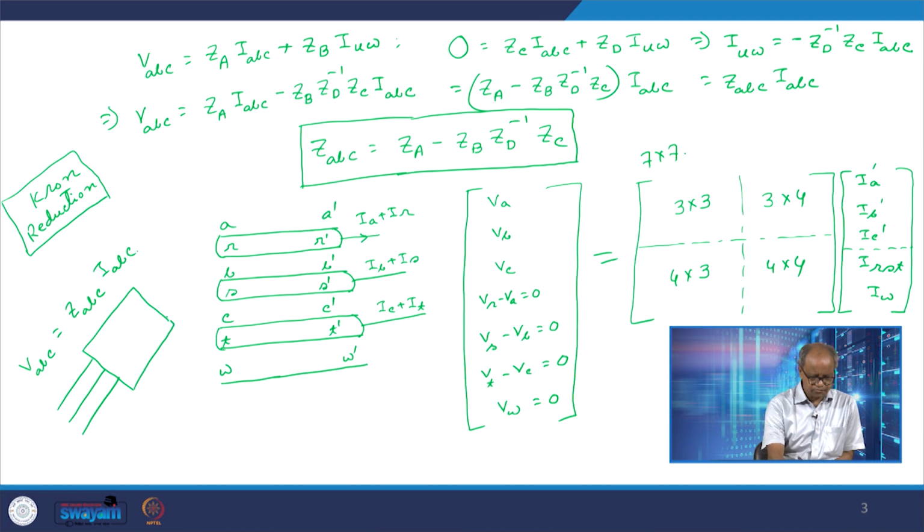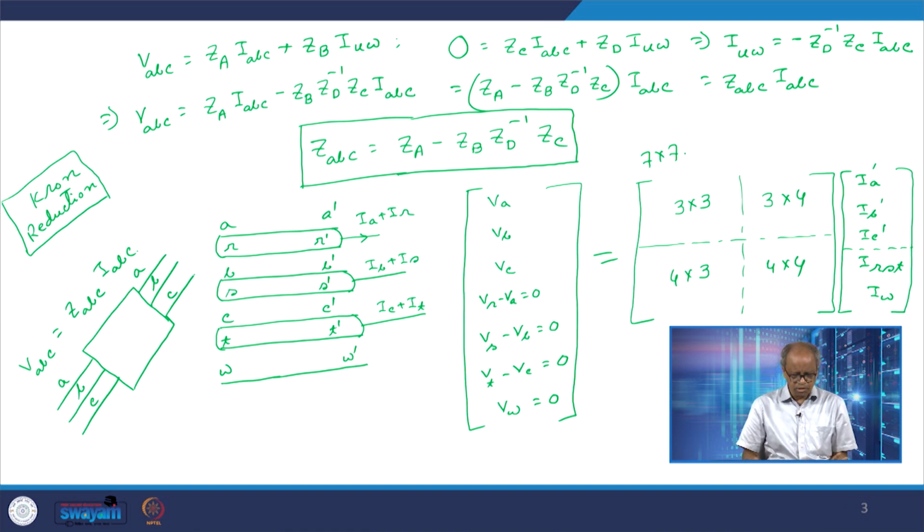Please note that this VABC is nothing but the voltage drop across the line. So if there is a line with phase A, phase B, phase C on both ends, these lines can also be transposed, untransposed, completely transposed, or partially transposed.